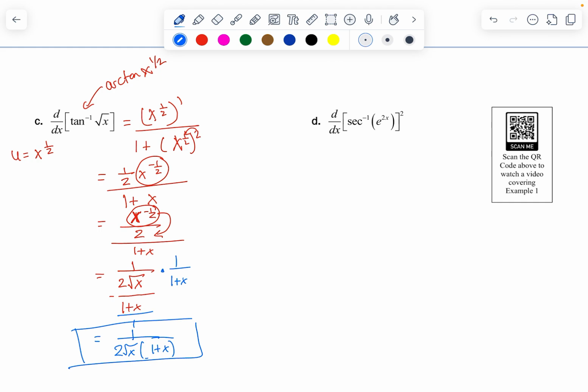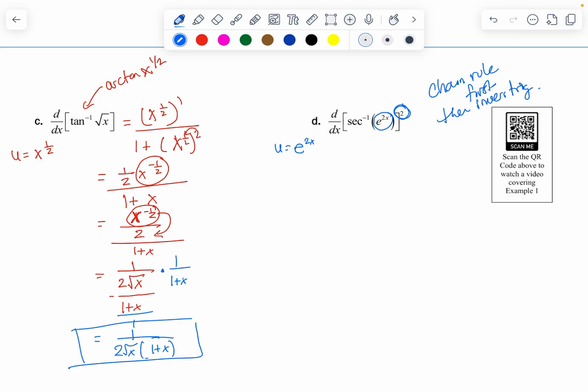All right, example D is arc secant of e to the 2x, quantity squared. So the u that's in here is e to the 2x. Let's keep that in mind. But this whole thing is squared. So this actually needs the chain rule first, then inverse trig derivatives.